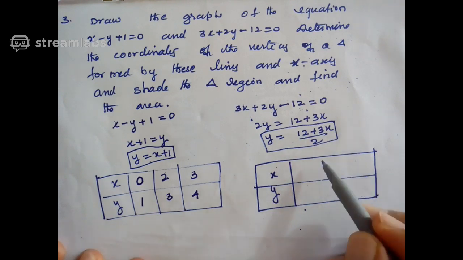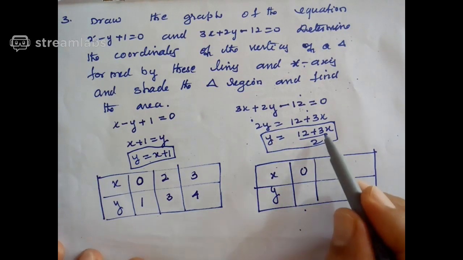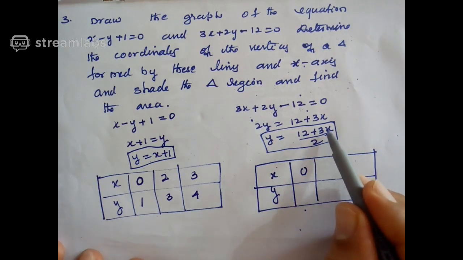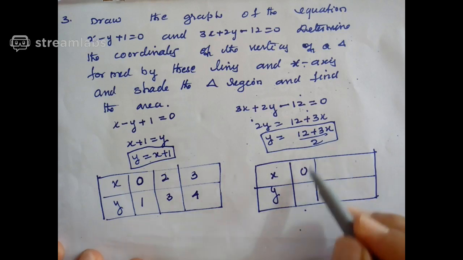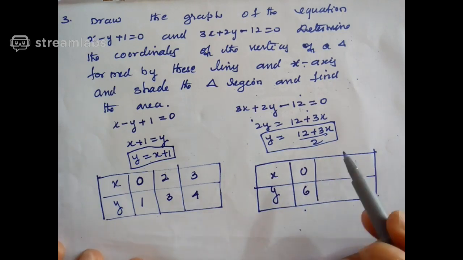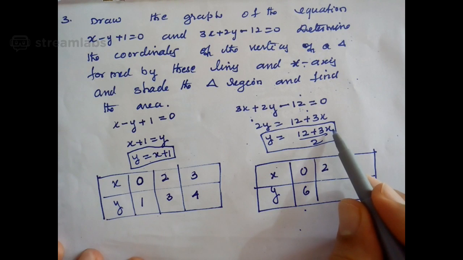So if I take x is 0, 3 into 0 is 0, then 12 plus 0 is 12, 12 by 2 is what? 6. Then I take value 2, 3 2s are 6, correct? 12 plus 6 is how much? 18.